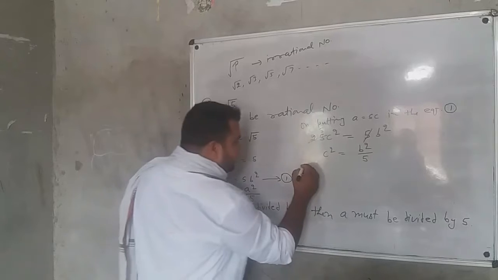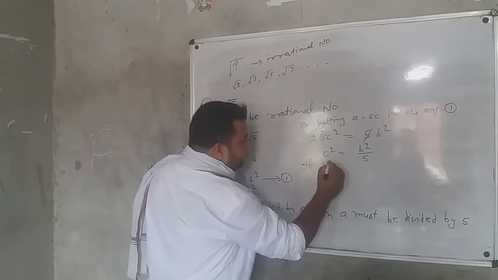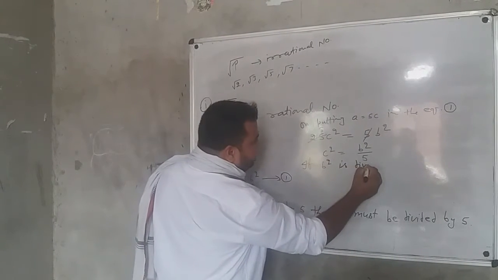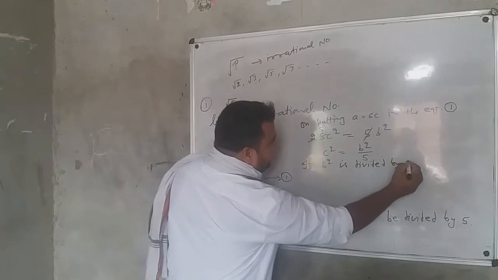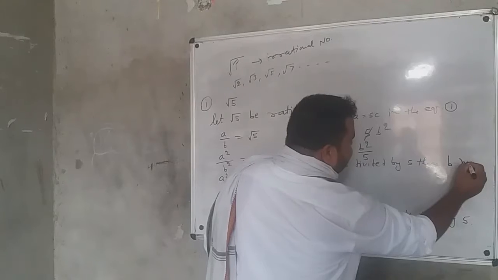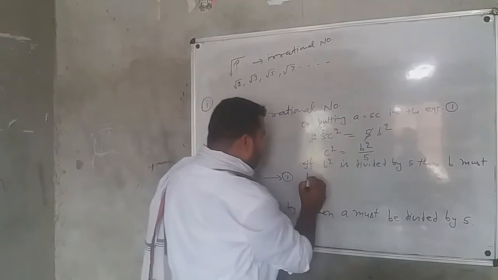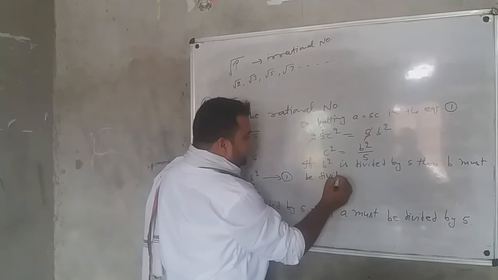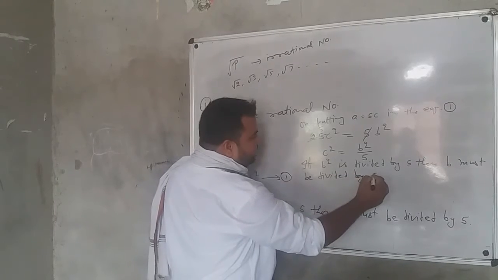Let me write here. If b square is divided by 5, then b must be divided by 5.